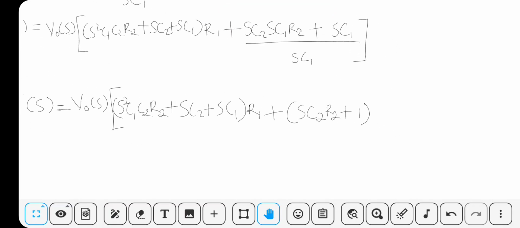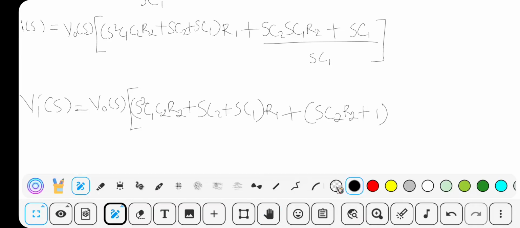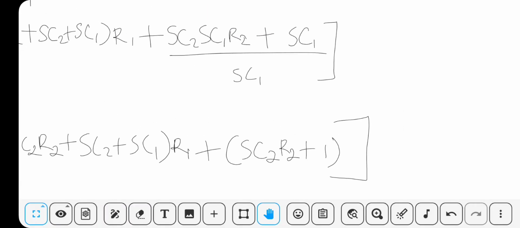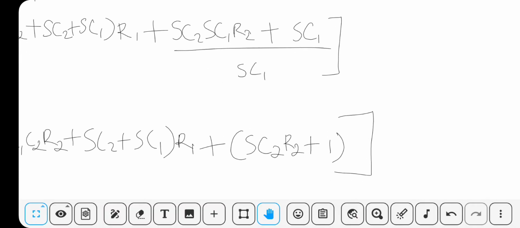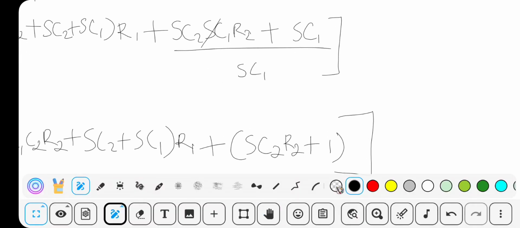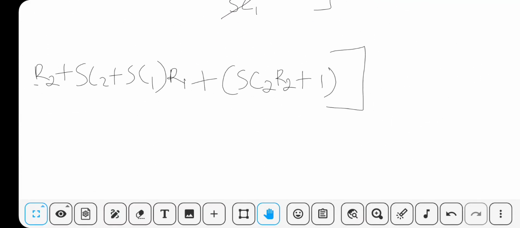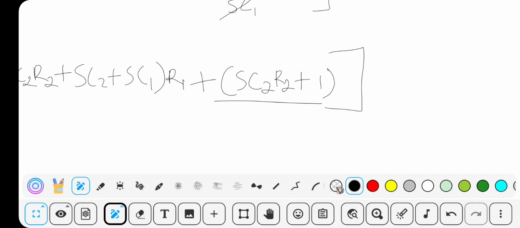This is what you have, because from here we can see that SC1 and SC1 are common here, so you can factorize them and they will cancel out with this. So that's how we arrived at this.